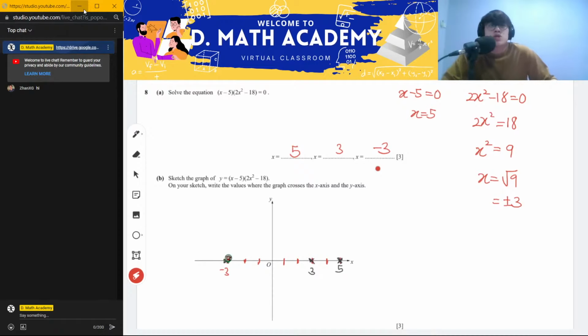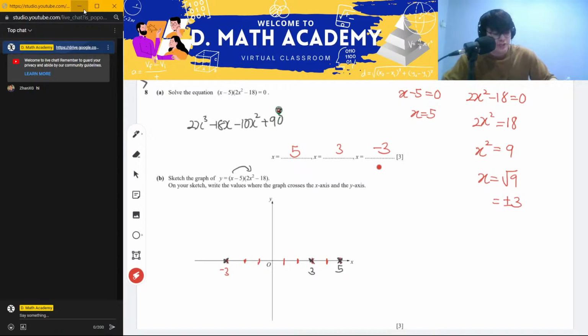There's one very important piece of information here. You must expand this out to check your integer value. When you expand it out, you end up with 2x cubed minus 18x minus 10x squared, and then negative 5 times negative 18, so you have a positive 90 here.